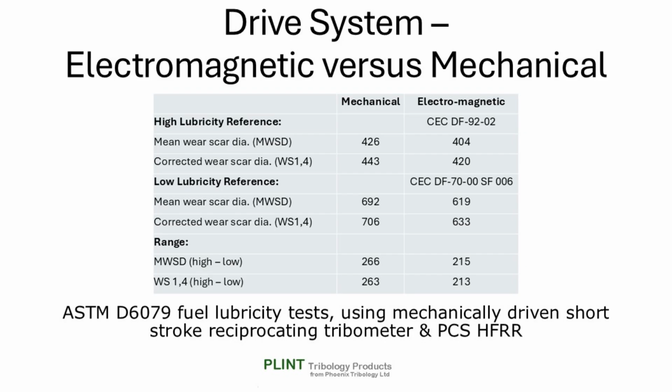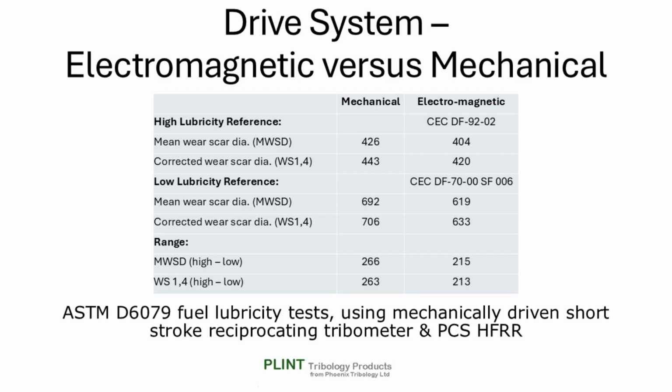This arises because of the difference in the method of actuation. The HFRR uses an electromagnetic oscillator, which is a force generating as opposed to a displacement generating device. The resulting stroke length may vary as the frictional resistance of the contact varies, and the control system adjusts the driving force to compensate.